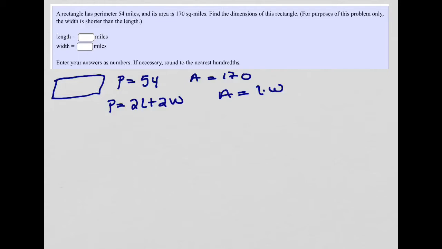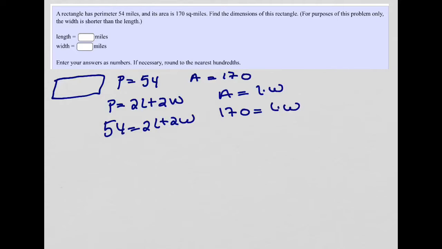Okay, so I am going to substitute what I know in this problem. So I know that P is 54. I don't know L and I don't know W. And again, I know that the area is 170.